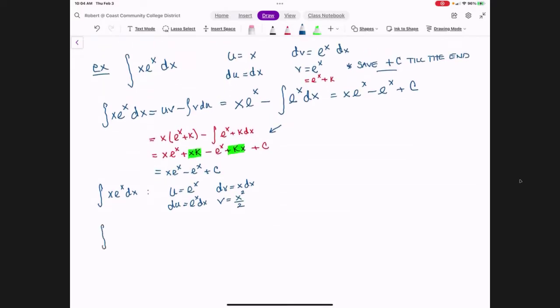So the integral of x e to the x dx is equal to uv minus the integral of v du.